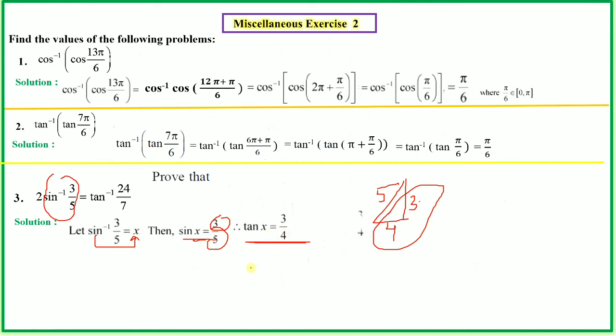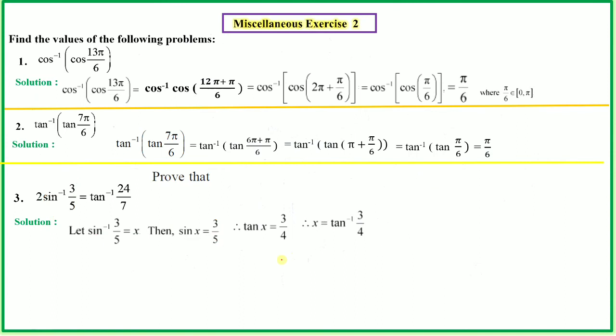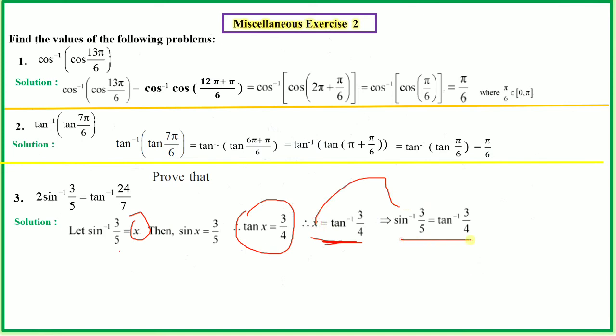Now next, taking tan inverse on both sides, x is equal to tan inverse 3 by 4. Now x was sine inverse 3 by 5. So x equals tan inverse 3 by 4 implies sine inverse 3 by 5 equals tan inverse 3 by 4.